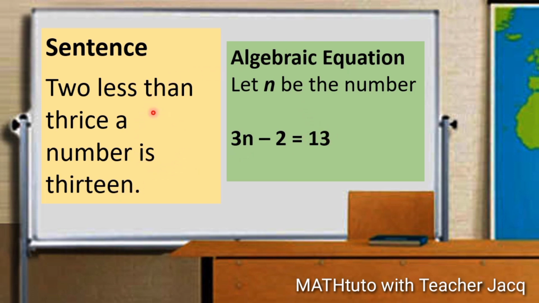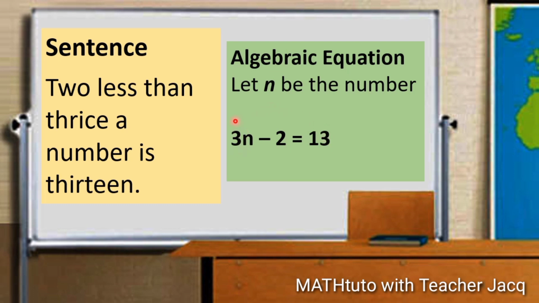So, yung algebraic expression para sa sentence na 2 less than thrice a number is 13 is 3n minus 2 equals 13. So, for vice versa naman, halimbawang ang given natin ay algebraic equation and then i-change natin siya into sentence. So, meron tayong pwede ito, 2 less than thrice a number is 13, and pwede din namang 3 multiplied by a number decreased by 2 is 13.